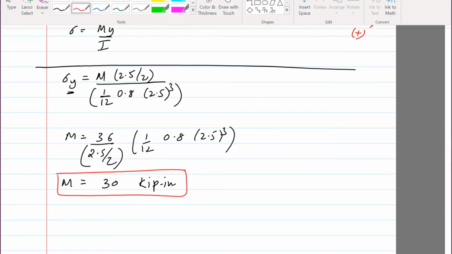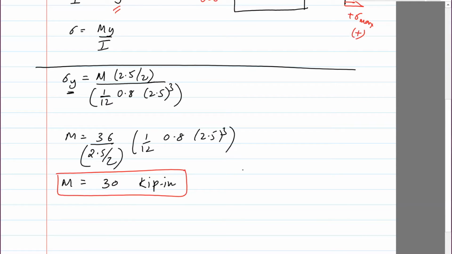Kip is kilo pound, and kilo pound is, again, like the previous one, 1000 lbf. So that's kilo pound, and then inch is to give it the effect of a moment. Moment is force times distance, and the distance unit is inch in IPS.